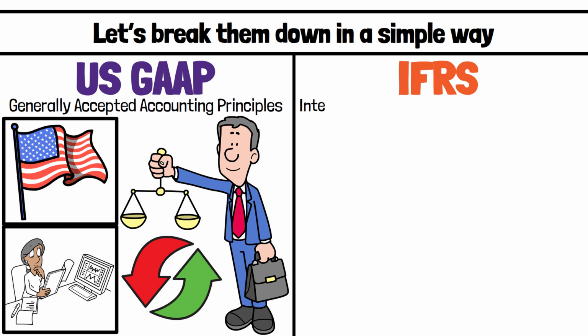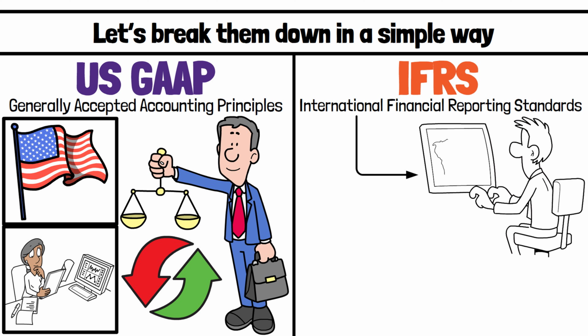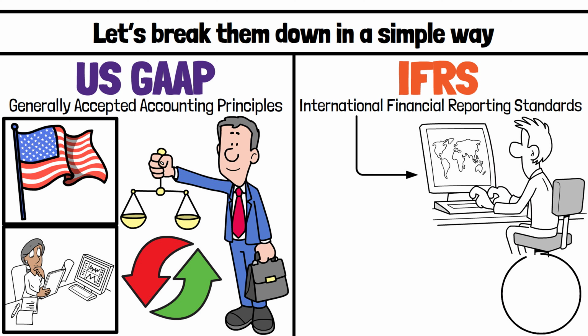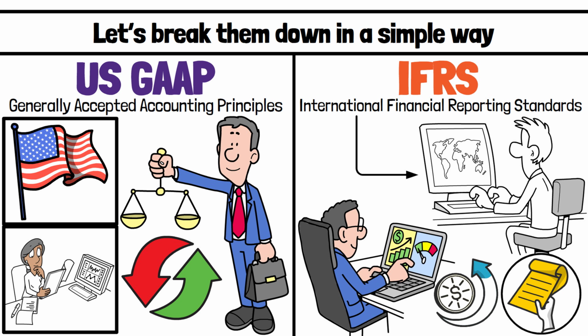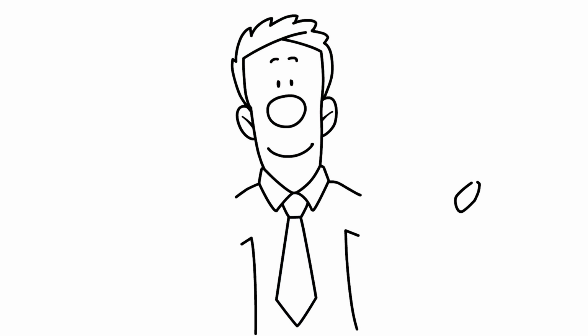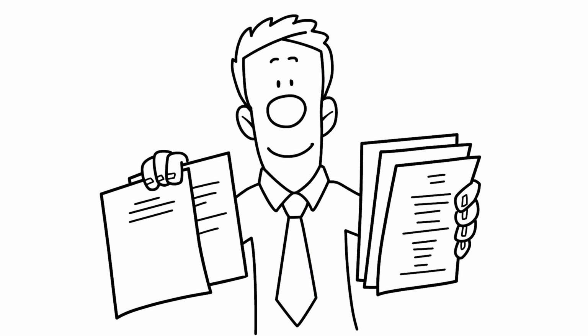IFRS, on the other hand, or International Financial Reporting Standards, is used in over 140 countries and is more principles-based, meaning it focuses on the economic substance of transactions rather than strict rules. Now, let's look at practical examples where these differences really matter.